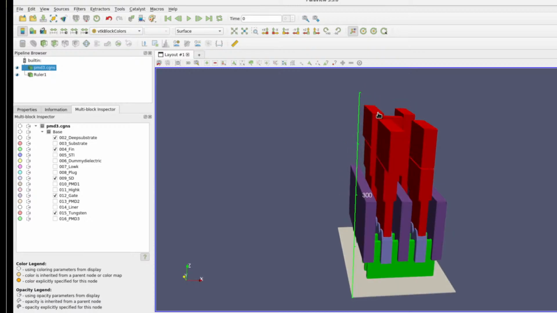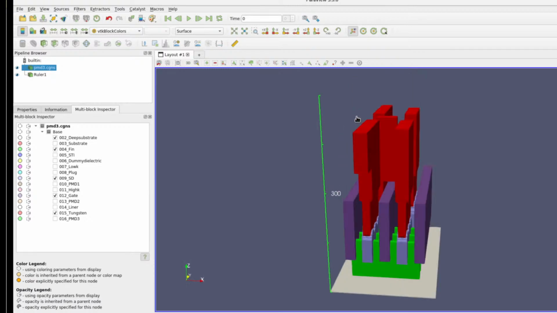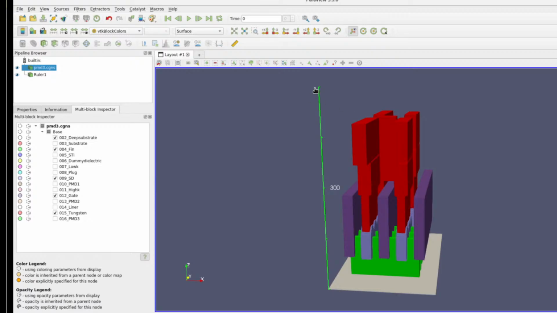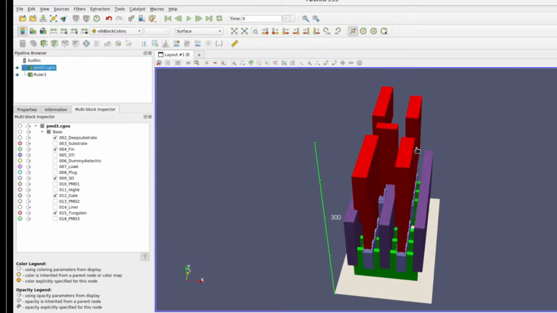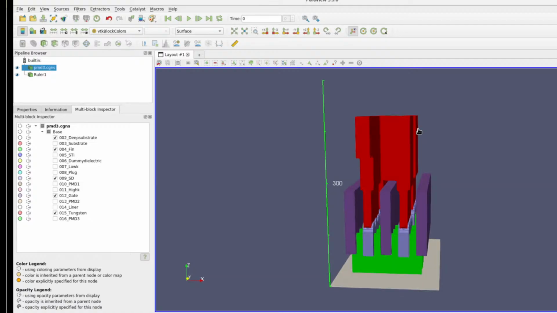The M1 level needs a little bit of further elaboration because my simulation domain is set as just 300. However, we need more, so I will come back with an even taller structure with M1 available.